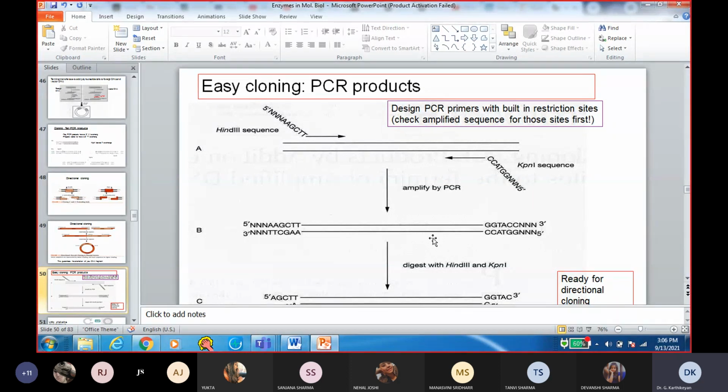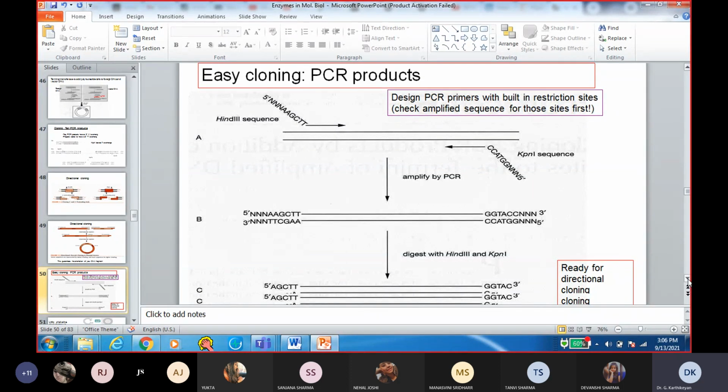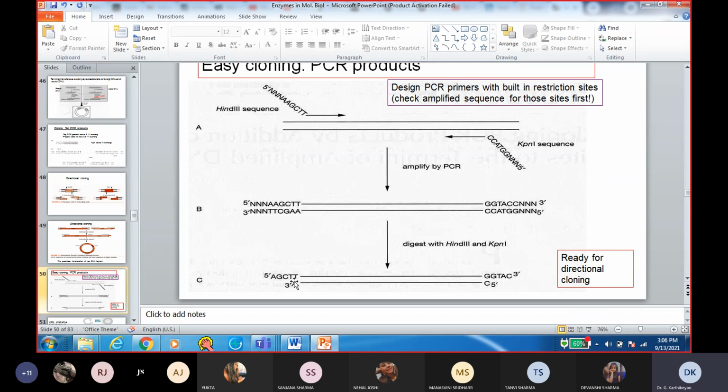After you do a PCR and digest, this is how it is going to look, and it is very easy to clone this into any vector which has been digested with HindIII and KpnI. So this becomes ready for directional cloning. The most beautiful thing about directional cloning is that you reduce your background.